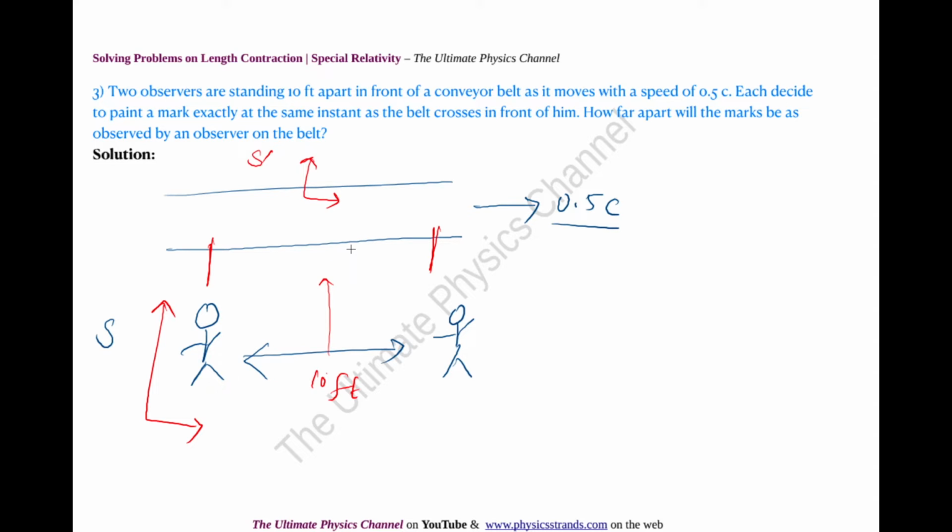Again, simple application of the length contraction equation will solve this problem, because this is one frame of reference S, where the proper length, so to say, of these two marks, the distance between these two marks here, is 10 feet.